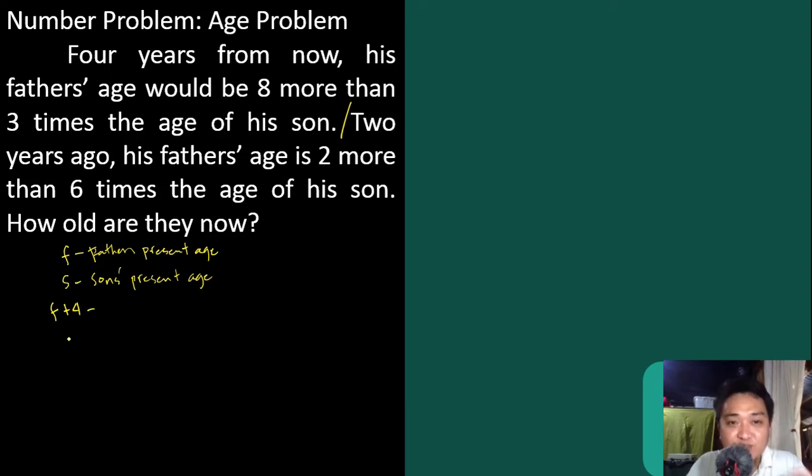And, paano naman dun sa anak? So, when you say the age of the son 4 years from now or 4 years in the future, syempre, that is also S plus 4. Ayan, malinaw na malinaw.